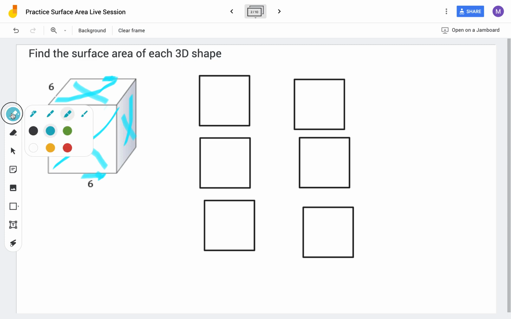Because I know that, cubes are pretty easy because it's 6 and 6. What is 6 times 6? Type in the chat box. Yes, 36.